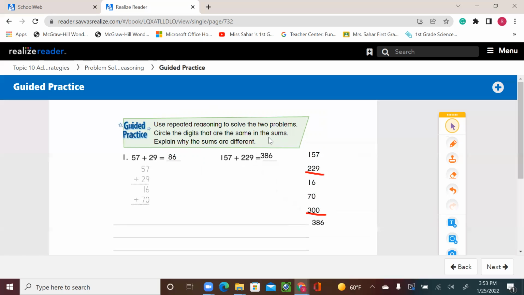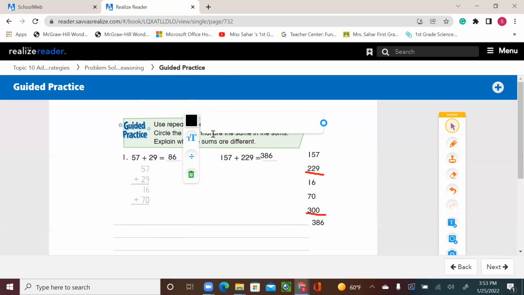All right. So let's explain the addends and the sum in the first problem. It doesn't include the hundreds. We only have the tens and the ones. And then we add the hundreds for the second problem. So let's write this down.